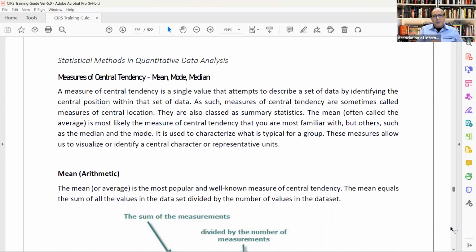Especially when you're doing sampling or sample sizes are to be obtained, you may be in a position to apply some of these statistical ways of calculating the non-biased way, probability or probabilistic samples.